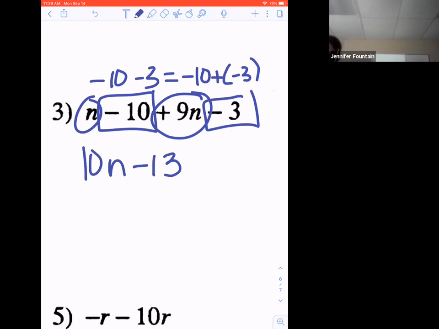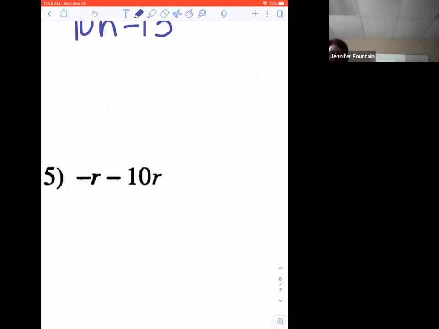Look at number 5. Negative r minus 10r. That's the same as saying negative 1 minus a negative 10. Change from subtraction to addition and add the opposite. This started out as a negative 10. When I change this to addition, I have to take the opposite of negative 10 and it becomes positive 10.